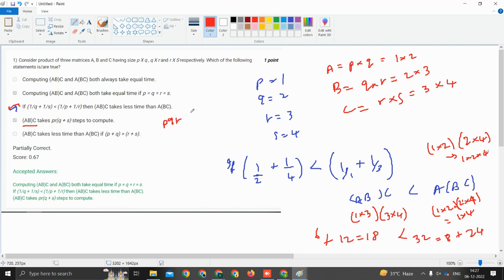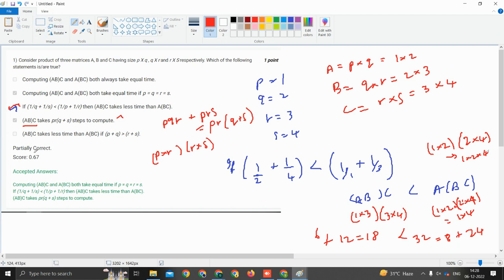So AB takes PQR computations plus P cross R into C, which is R cross S. So the computation is PRS. Am I right, Navika, so far? Yes. So we are taking P and R as common, and then Q plus S. So hence the answer. Got this? Yes. Okay.